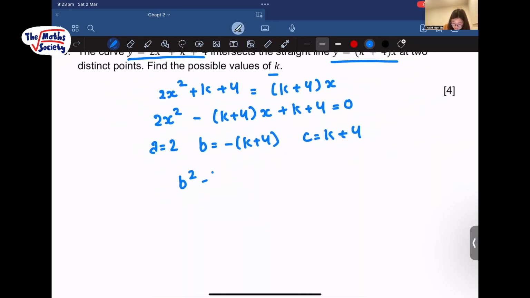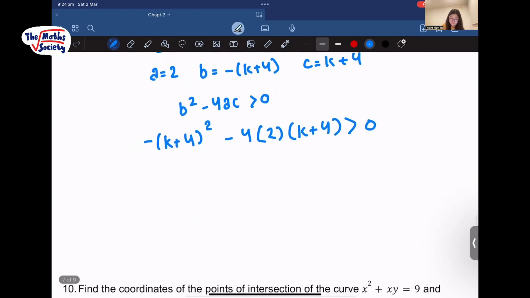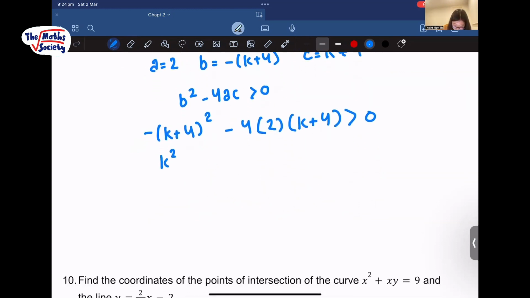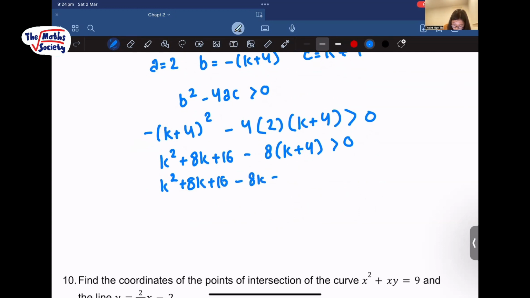So we know that because it has 2 distinct points, it would be b squared minus 4ac greater than 0. So b squared, minus k plus 4 the whole squared, minus 4, a is 2, c is k plus 4, which is greater than 0. Yep, greater than 0. And then it would be k squared plus 8k plus 16 minus 8k minus 32, which is greater than 0.